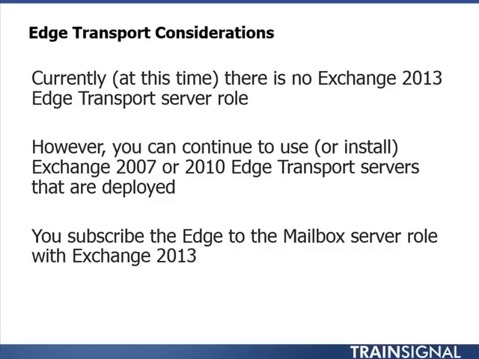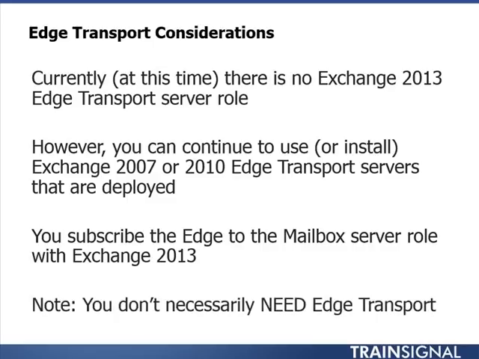Now, it's important to keep in mind that you don't necessarily need Edge Transport servers. This is an extra server role piece that you can include into the picture, put on your perimeter network, and ensure that you have that extra step in between the outside world and your internal Exchange organization.